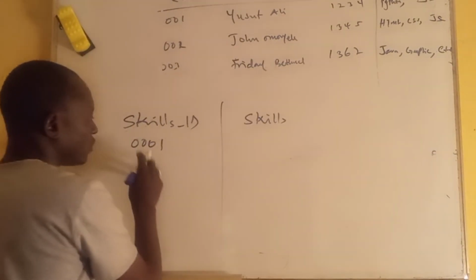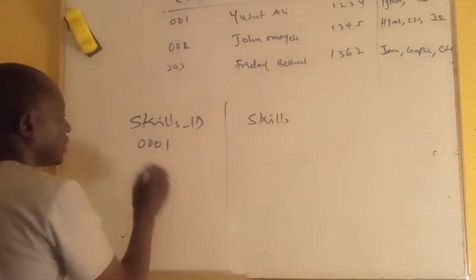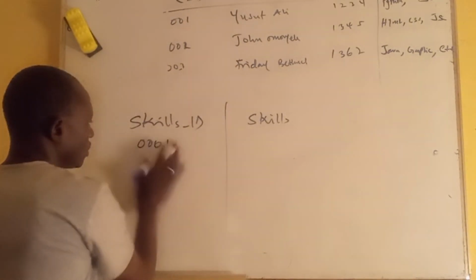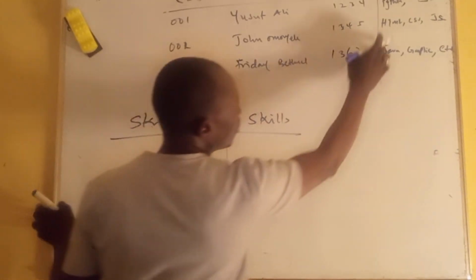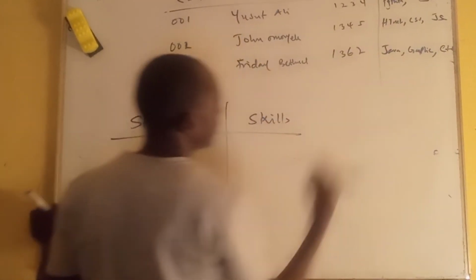For skills ID, I'm using 3 zeros, 0001, to distinguish them from the employee IDs. We need to minimize space because we have 1, 2, 3, 4, 5, 6, and 7.